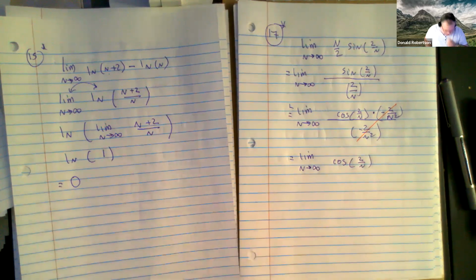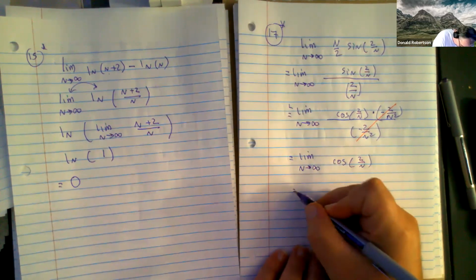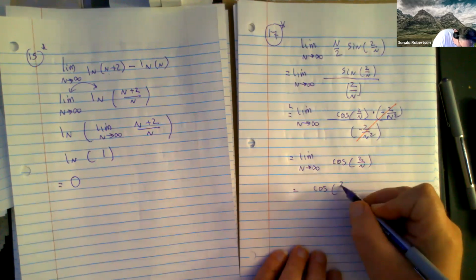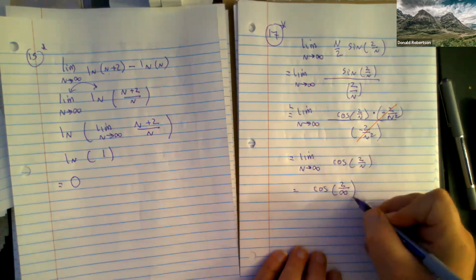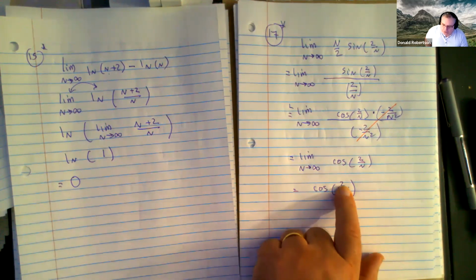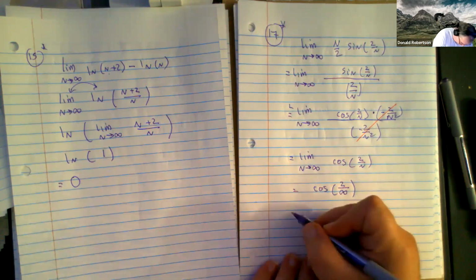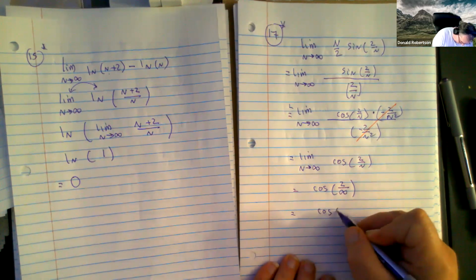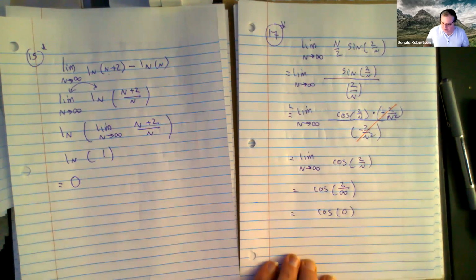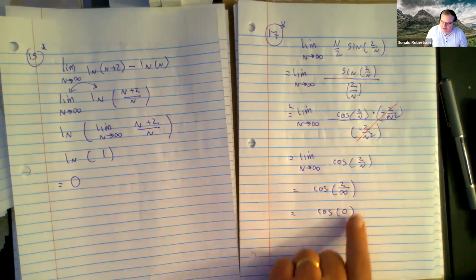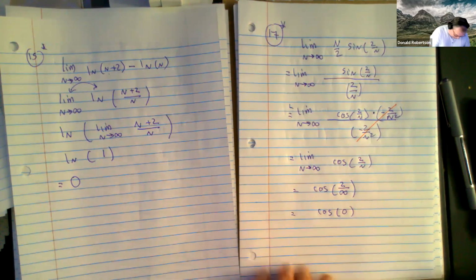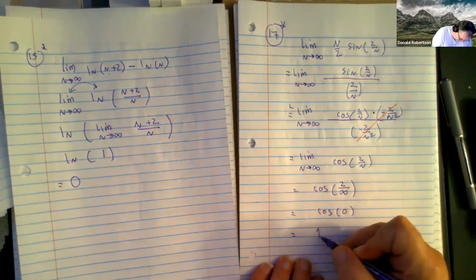And then you do what is basically called brute force. You can replace the n with infinity, and then you do some infinity calculations. 2 divided by infinity is 0. Actually, any number divided by infinity is 0. So cosine of 0 is 1.